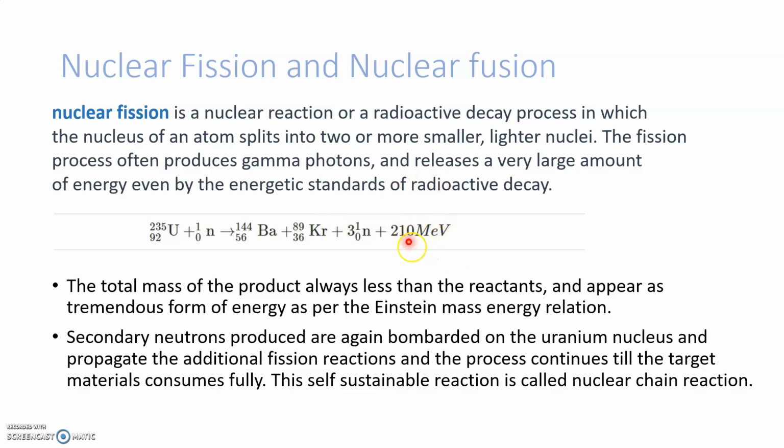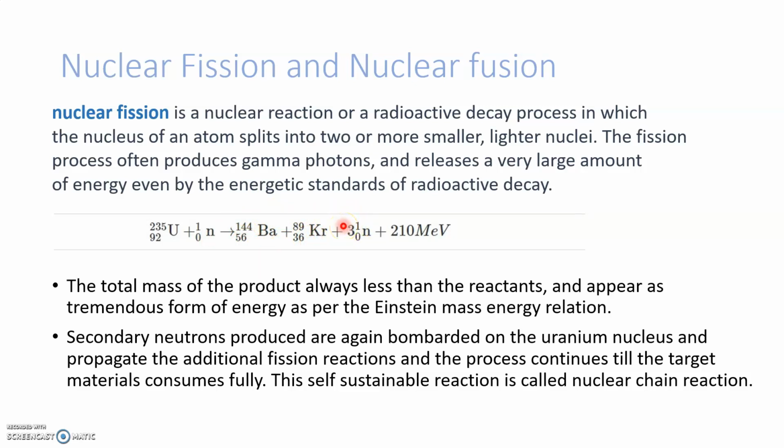How is this amount of energy produced during this nuclear fission reaction? If we look at the mass of the nuclear reactants before the reaction and after the splitting process, the reactants' atomic mass is always greater than that of the product mass.